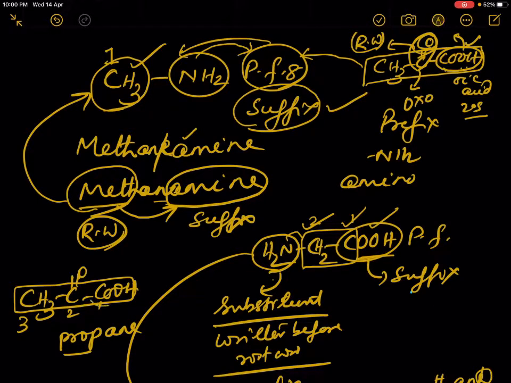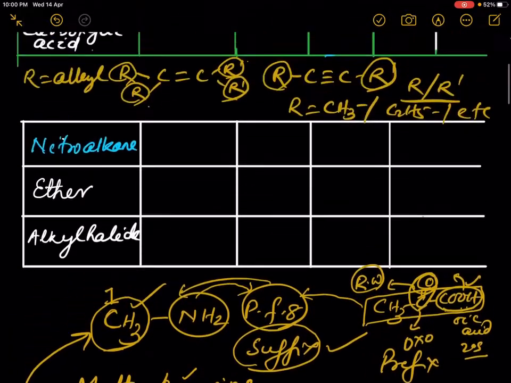Then oic acid will be written after cancelling E. And for this O, it is oxo, written at number 2 position, so 2-oxopropanoic acid.